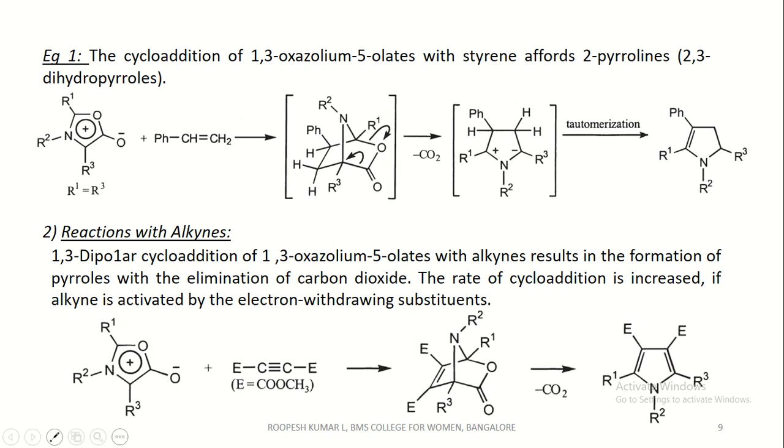This is 1,3-oxazolium 5-olate reacting with alkynes, which results in the bicyclic adduct. This loses carbon dioxide to get this compound. This is pyrrole. This bond shifts here to form a double bond to O. This bond shifts here, and this bond shifts here to form this one.